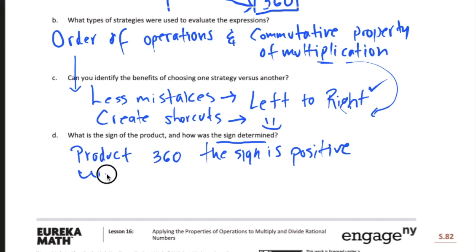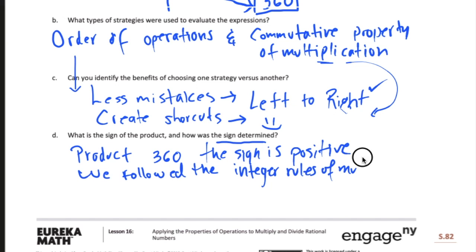Well, we follow the integer rules, right? Like we said before, positive times a positive equals a positive. Negative times negative equals positive. Positive times negative equals negative. And negative times positive equals a negative.